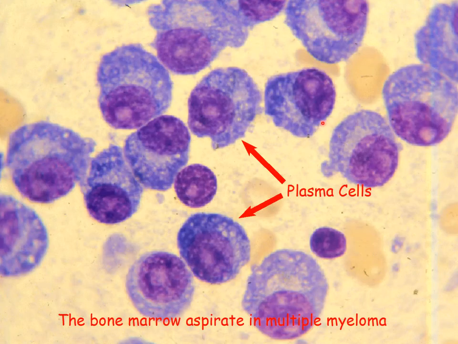However, in the bone marrow, we have an accumulation of plasma cells, and as I said, in nests in an area. The normal amount of plasma cells in the bone marrow is less than 10%. When we have multiple myeloma, it's more than 10%, or 30% of the cells are already plasma cells.